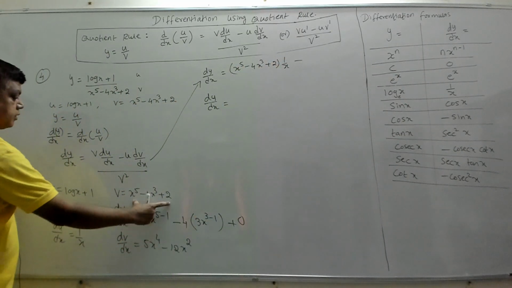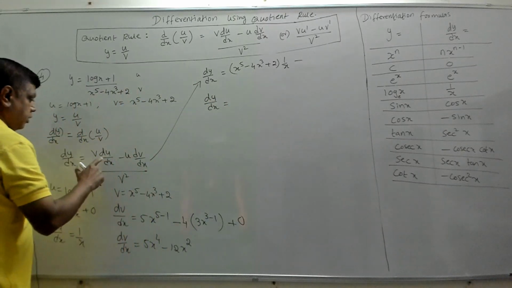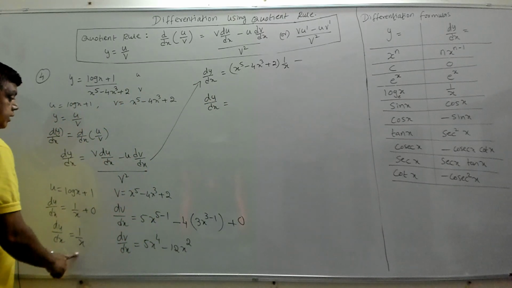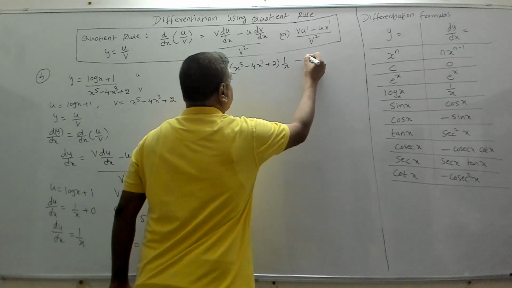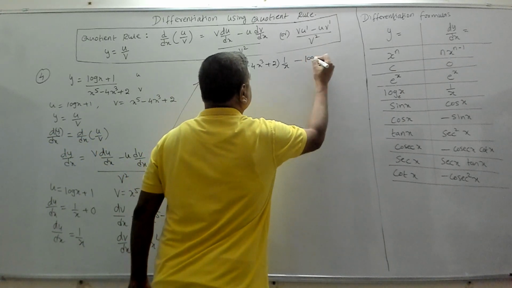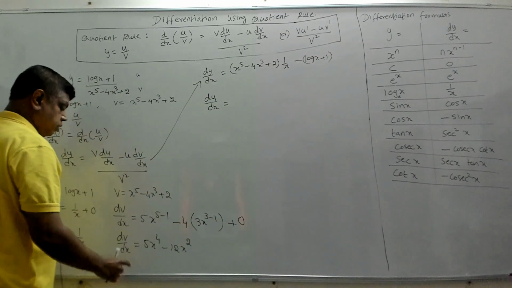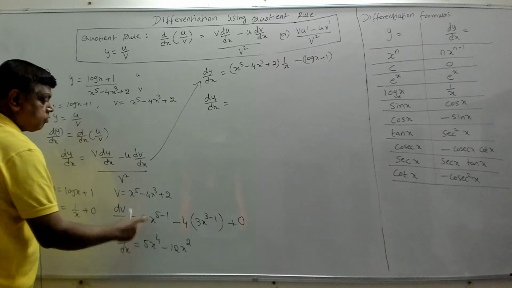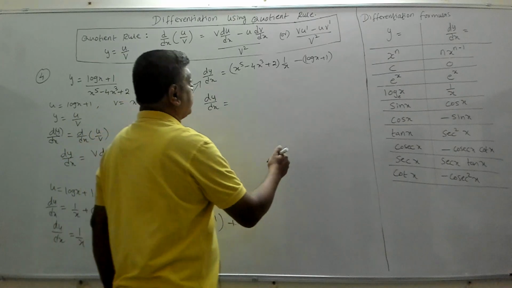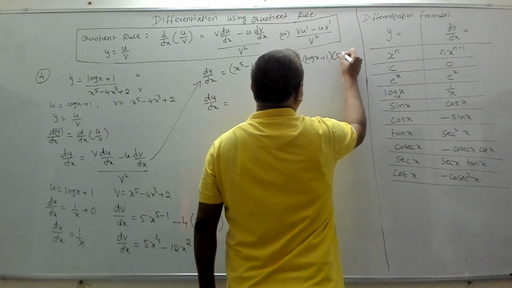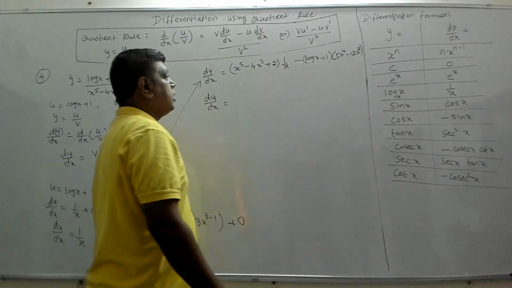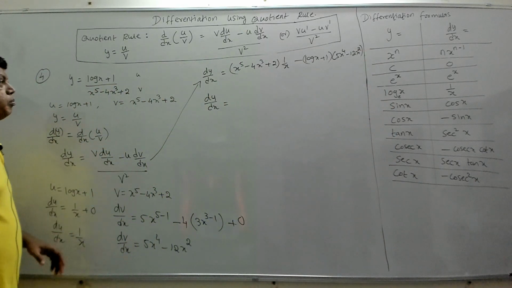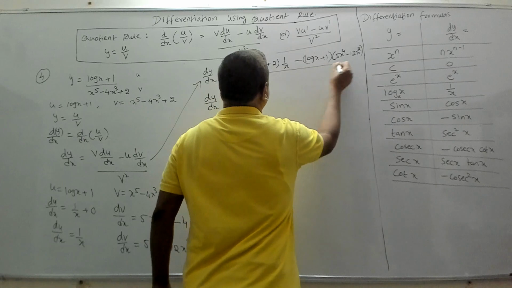So v is this into du by dx, which is 1 by x, minus u, which is log x plus 1, into dv by dx, 5x power 4 minus 12x square. That is your dv by dx. Now divided by v square. V is what?